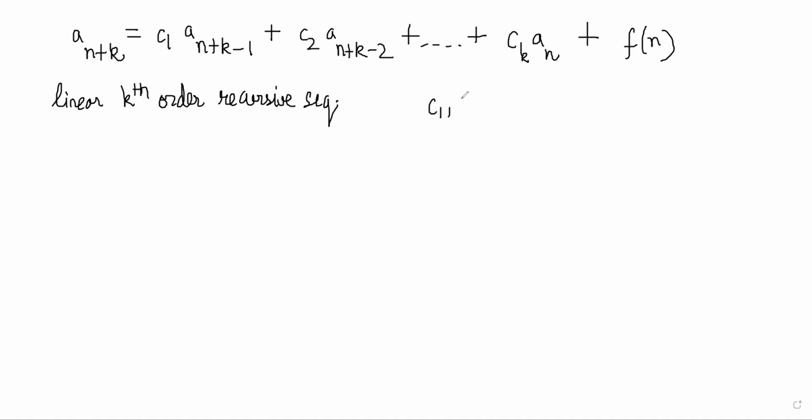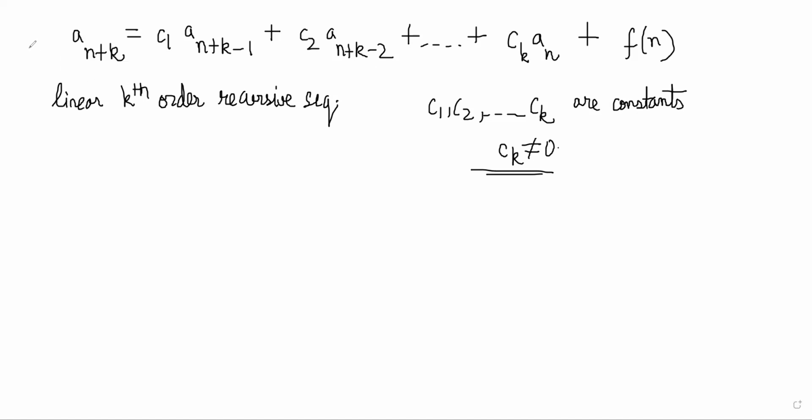Here C1, C2 till Ck are constants, and Ck should not be 0. If Ck is 0, then this term is missing, and this does not fit our definition of a kth order sequence. We'll have to adjust it a little bit. It might be k minus 1 order or something.